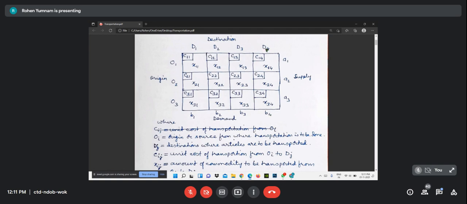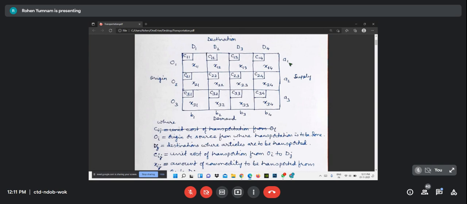See, you consider three factory outlets: one is O1, one is O2, one is O3. And these are the sales depots or sales shops. D1 is shop 1, D2 is shop 2, D3 is shop 3, D4 is shop 4.